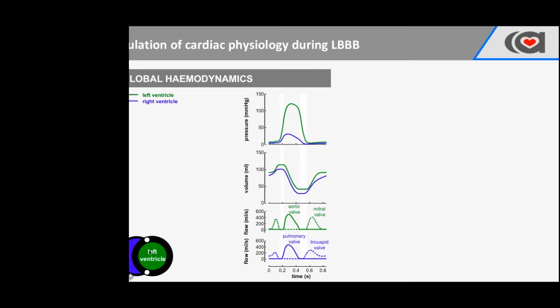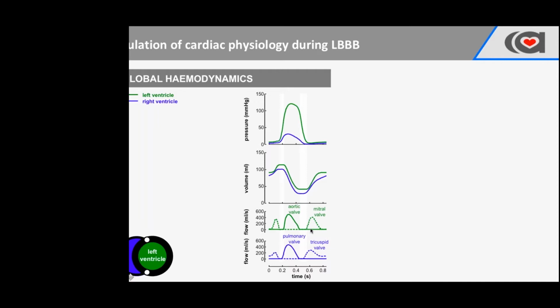You have here in green the left ventricle, in blue the right ventricle, and here in the plots on the y-axis, on the top plot, you have the pressures of the left and the right ventricle, then the volumes of the left and the right ventricle, and then the flow from the left ventricle towards the aortic valve, or from the right ventricle towards the pulmonary valve, and then you have here the tricuspid valve and the mitral valve flow.